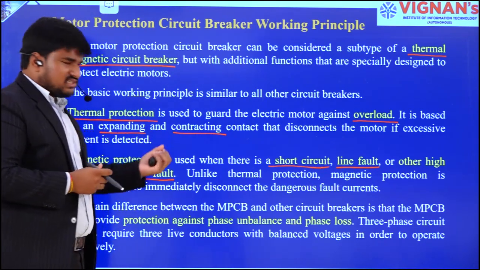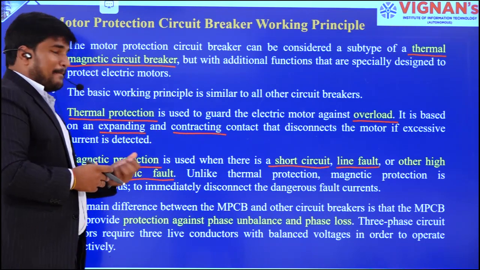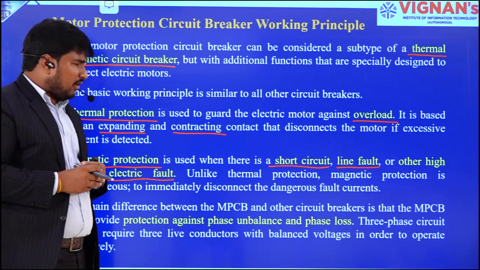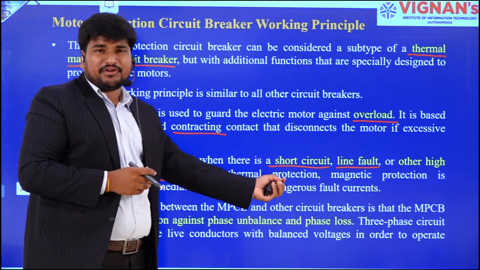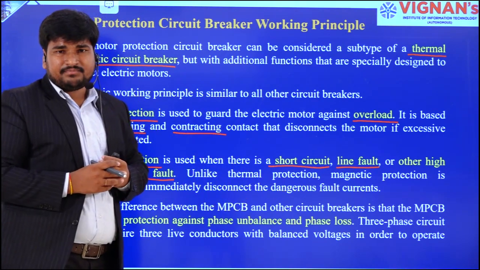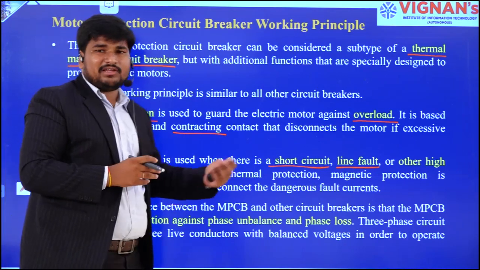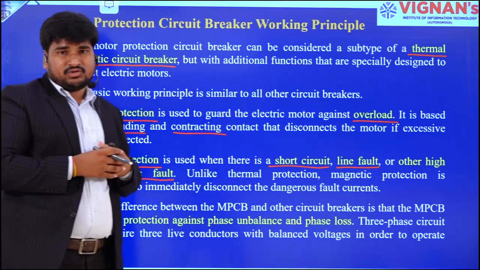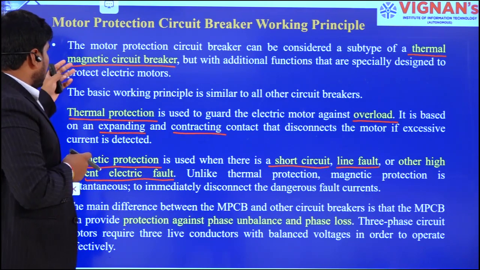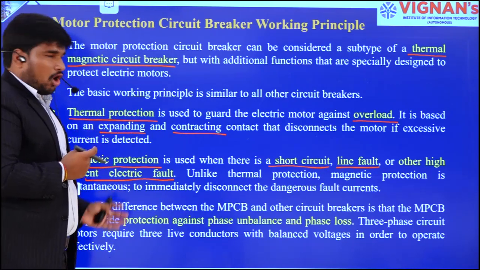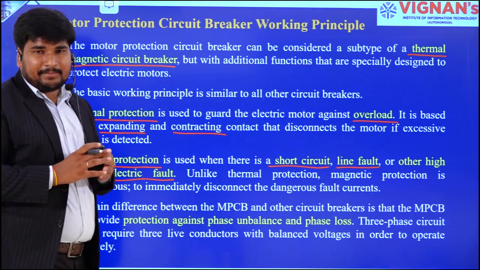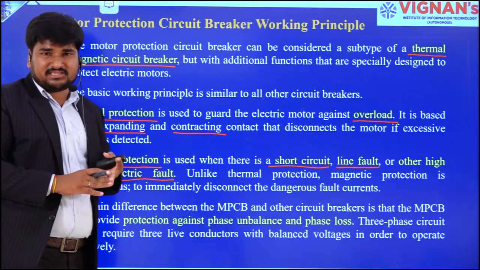So because of this, we use magnetic protection. Because of this magnetic protection, within no time we will protect the motor. So these are the two common principles of any MCB or MCCB or MPCB.